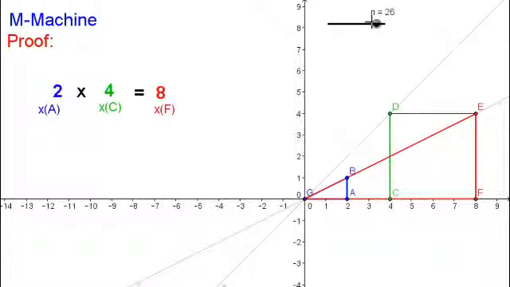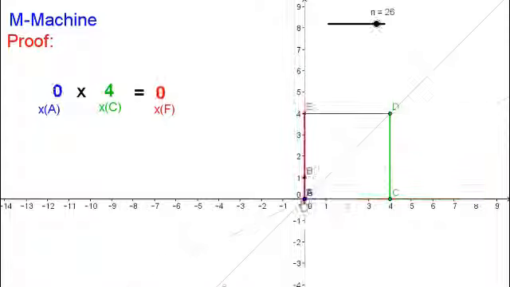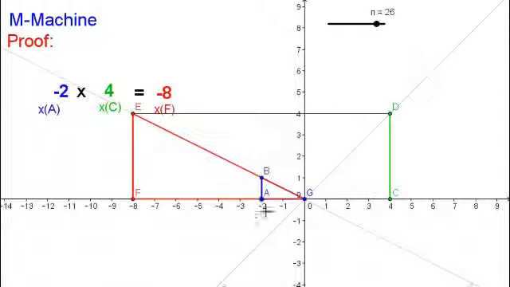If we take those x-coordinates, 2 times 4 equals 8. As I move point A to a different location, I still have my x-coordinate, negative 2 times 4 is equal to negative 8.